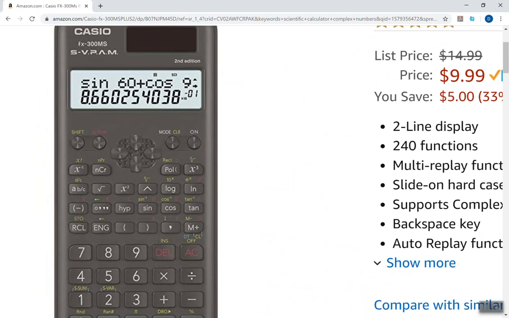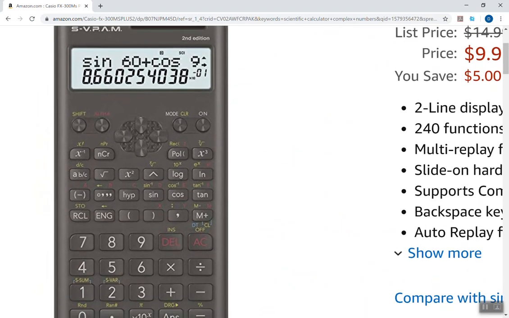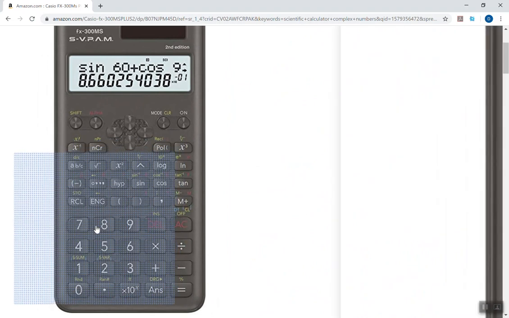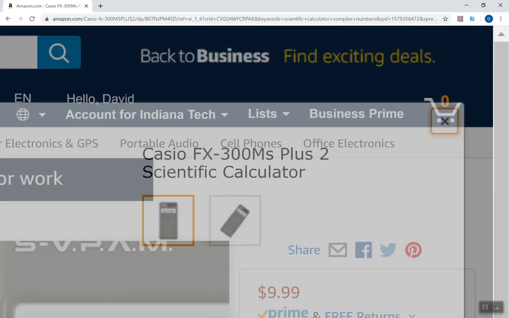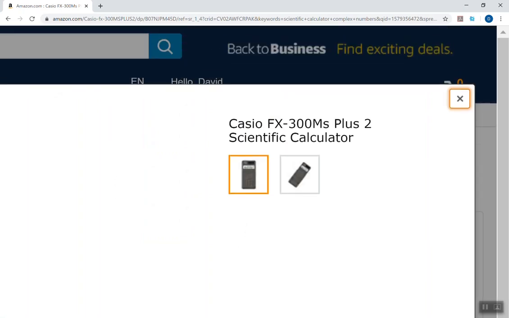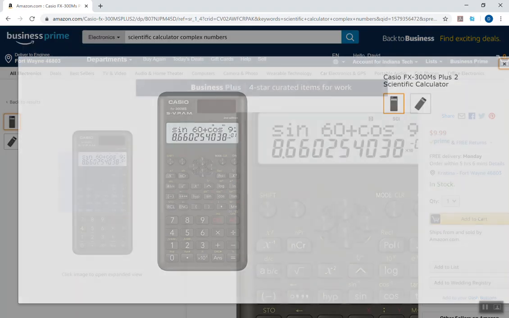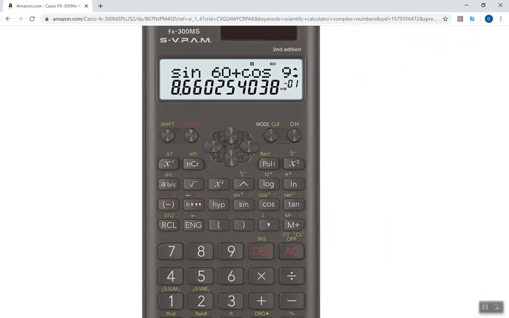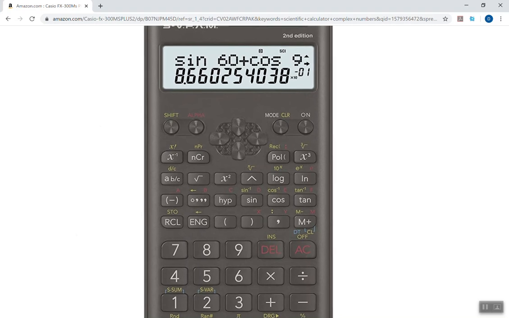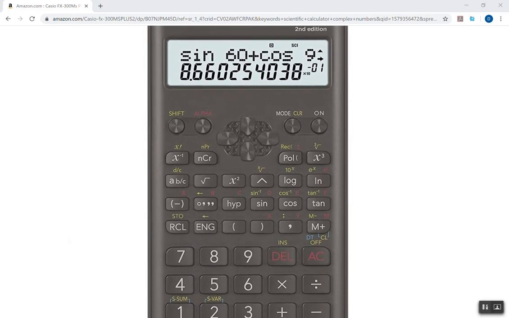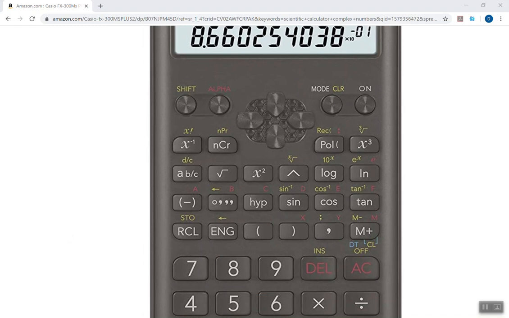But then if you look at the calculator, you're going to find it on the screen. Well, I don't see it on the screen here, but that's fine.